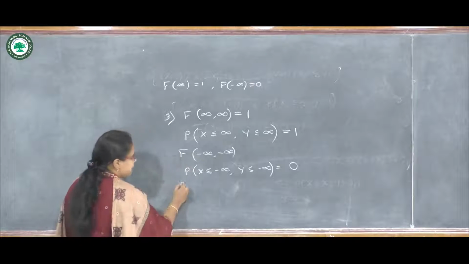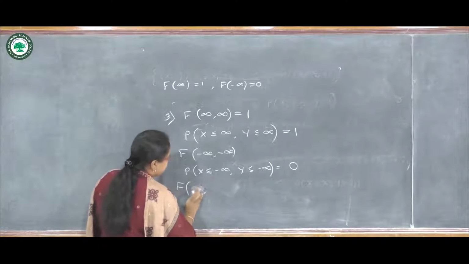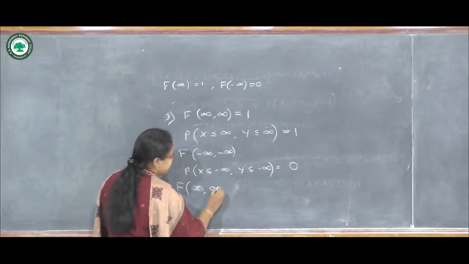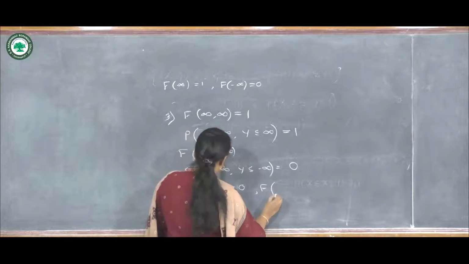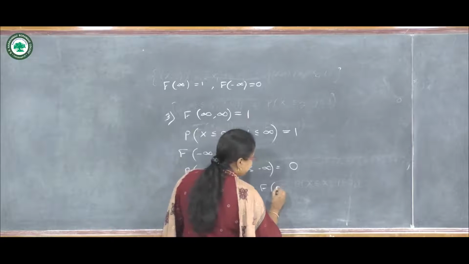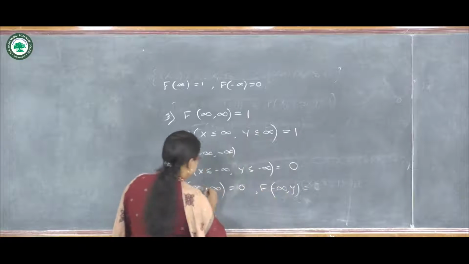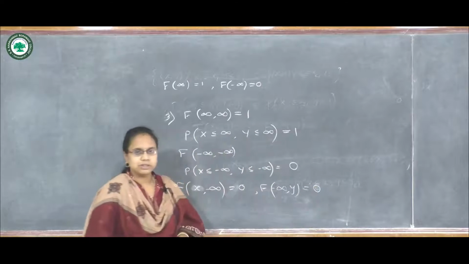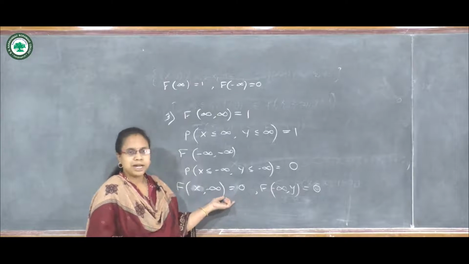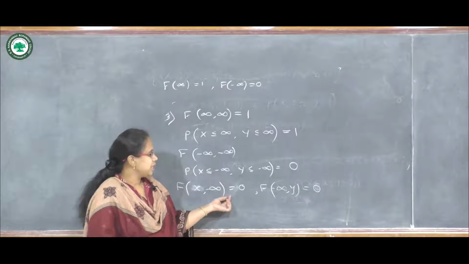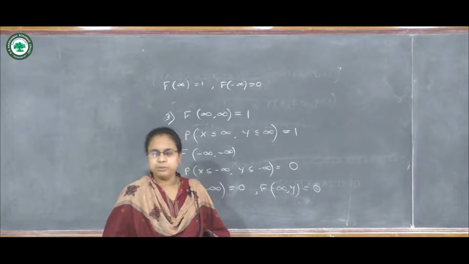And if this happens for F of x comma minus infinity, then it will also be 0, and F of minus infinity comma y is also 0, because below the point minus infinity there is no area, that's why this part is 0. So this is the third property of the distribution function.